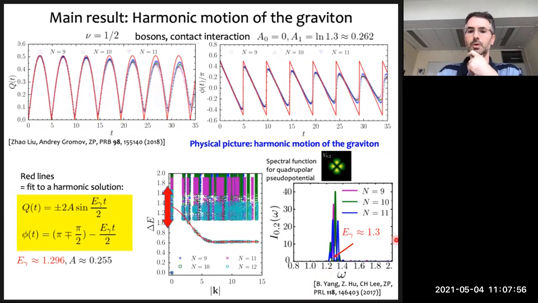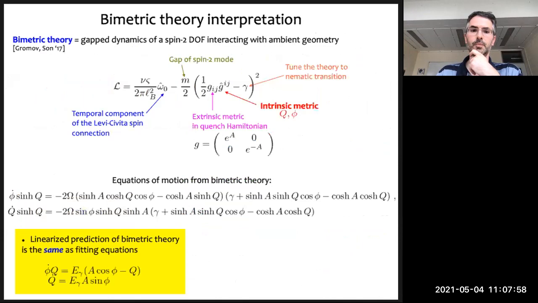Then the other thing that we did for this, we also used Andre's geometric theory, and we essentially derived the effective equations of motion for these parameters Q and phi from that geometric theory. And as you see here, these equations of motion look quite scary. They are obviously quite nonlinear equations.